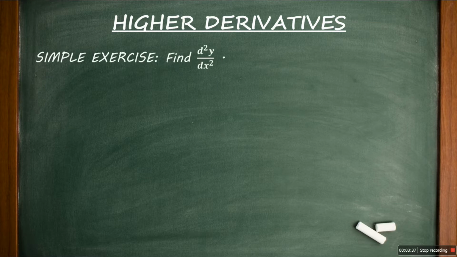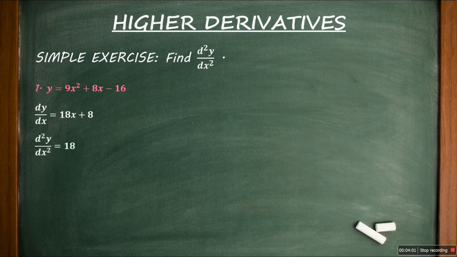Okay, let's do some simple exercises, which is to find d2y over dx squared. The first question, y equal to 9x squared plus 8x minus 16. The first derivative we will get dy/dx equal to 18x plus 8.